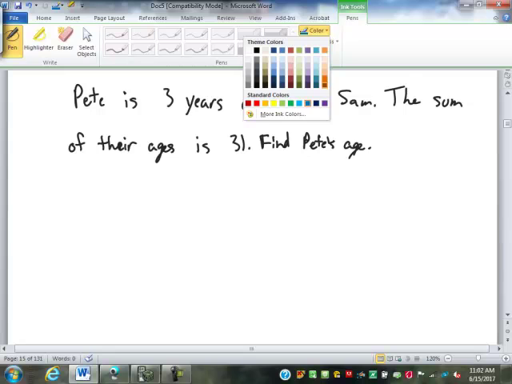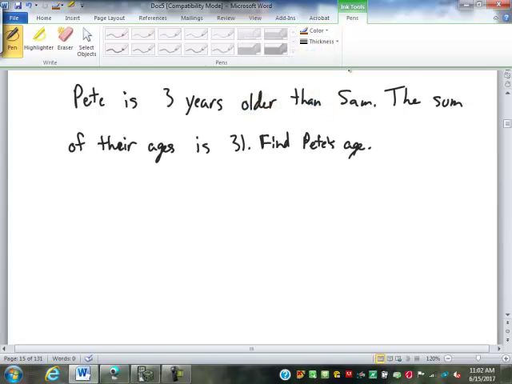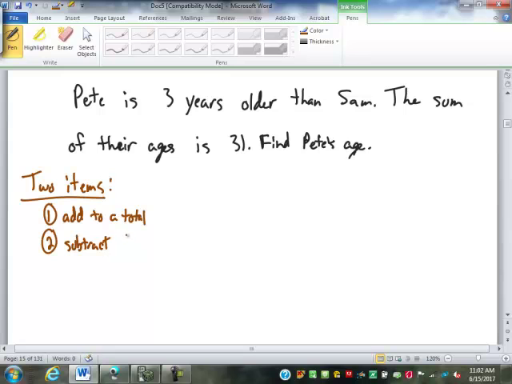There are basically 3 types of strategies when we're dealing with word problems. There's 2 items in each word problem that either add to get a total, subtract to get a difference, or they equal each other.